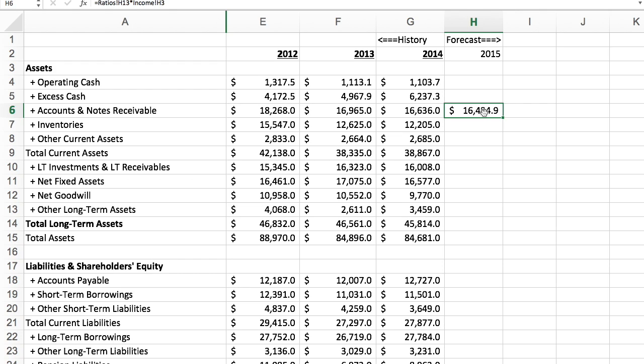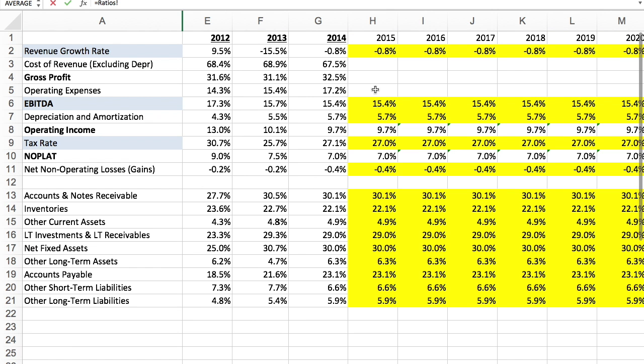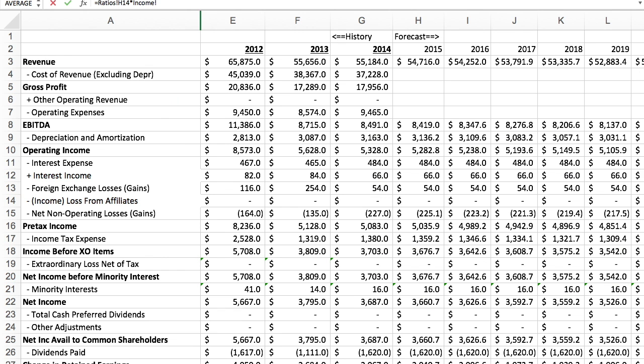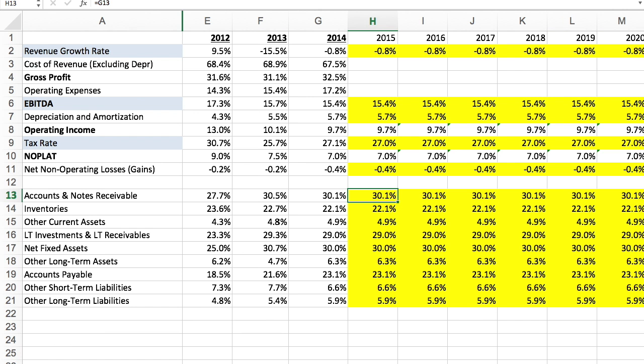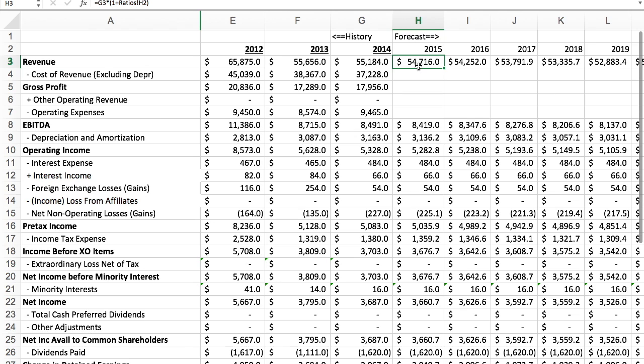Next, inventories equals ratios 2015 inventory as a percentage of revenue times income 2015 revenue gets me inventories in dollars. 12101.5. Okay, again, ratios H14 times income H3.